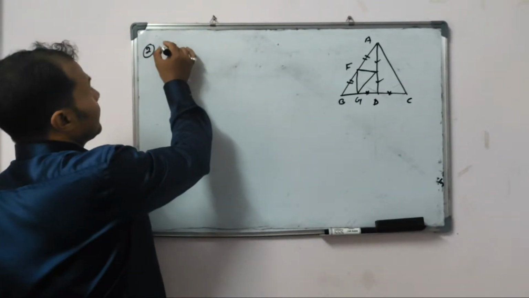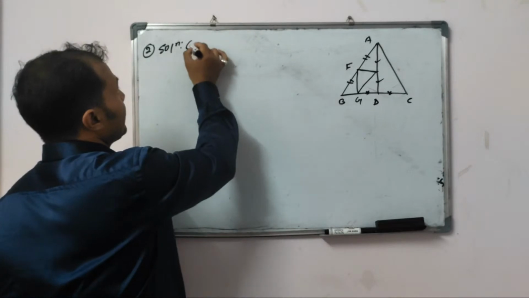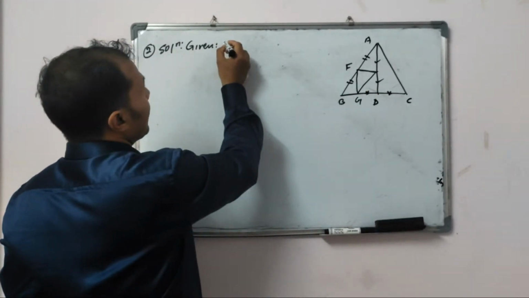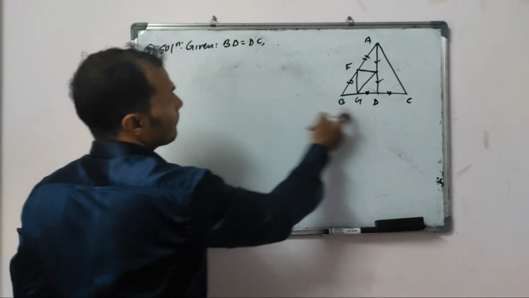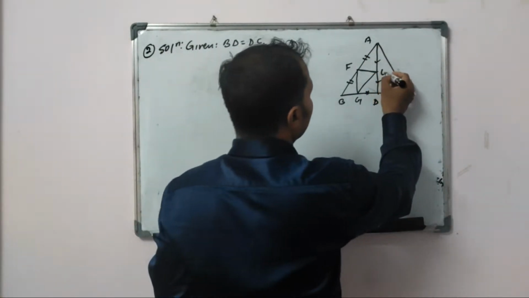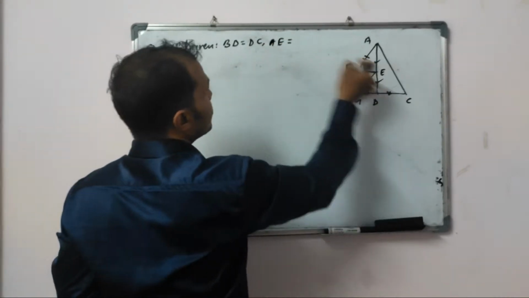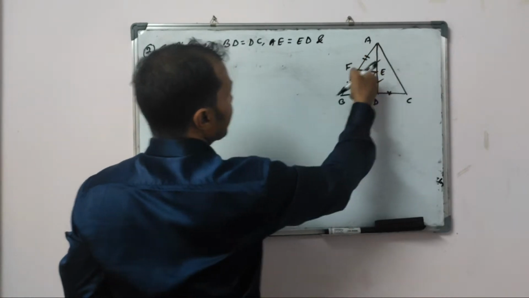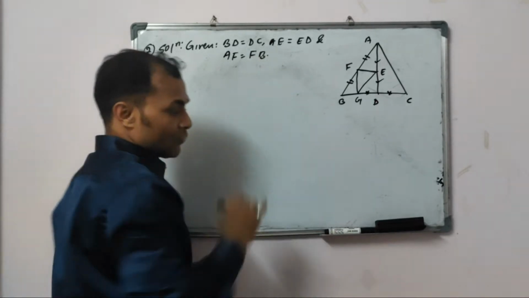Okay, so this is given. Let's see what is given and what is to be proved. Given: BD equals DC. Then this is E: AE equals ED, and AF equals FB.